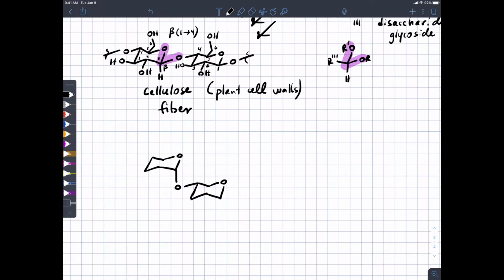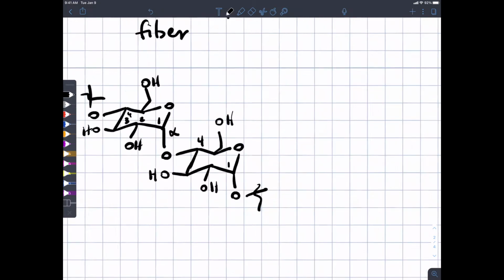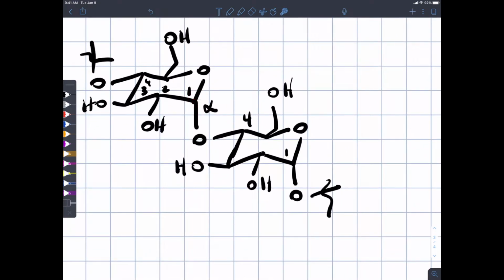So notice in this carbohydrate that I'm drawing, we have taken the acetal carbon 1 on one sugar and linked it to the OH group on carbon 4 of the other sugar, but we've done so, I need to fill in the OH groups before we go on. We've done so with alpha stereochemistry. The oxygen on acetal carbon 1 is down instead of up.